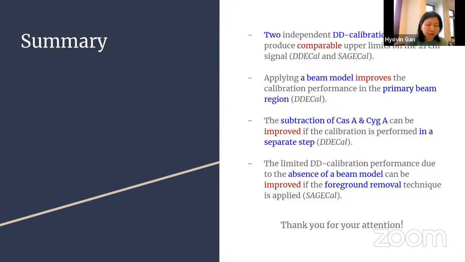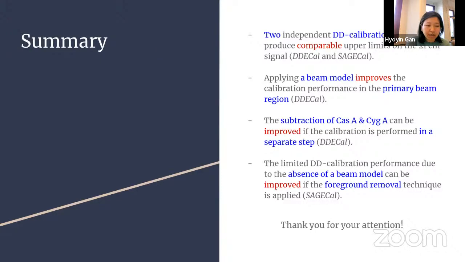So basically those 2 methods, they are designed to solve this radio interferometric measurement equation. So the way they optimize the solutions will be different. And also one of the major differences is how they do frequency smoothing.